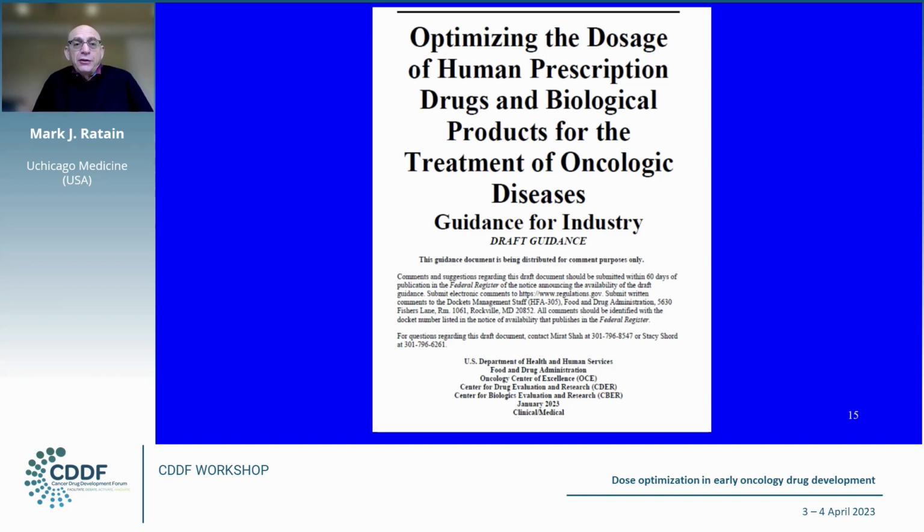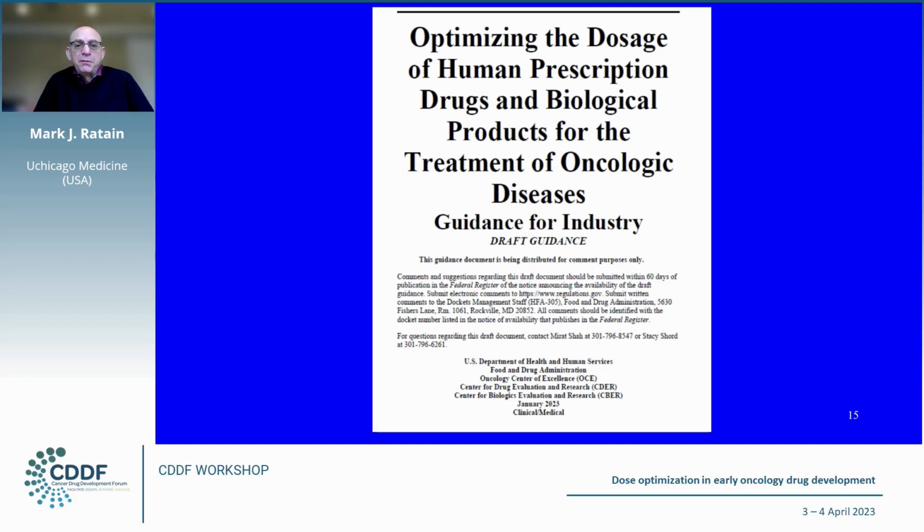And we now finally in the United States have specific guidance in oncology, albeit a draft guidance, that was released in January of 2023. And this is the written document that encapsulates the concepts of FDA's Project Optimus and an effort to require dose optimization prior to drug approval.